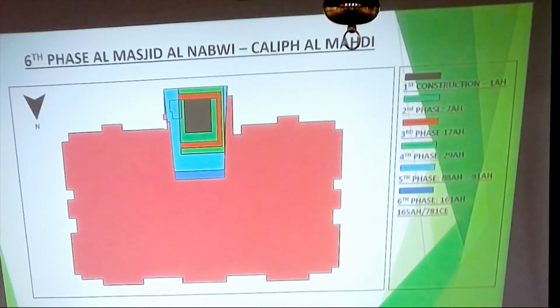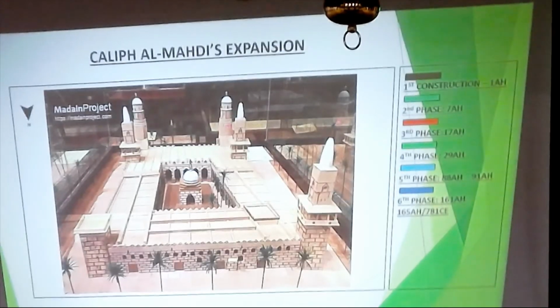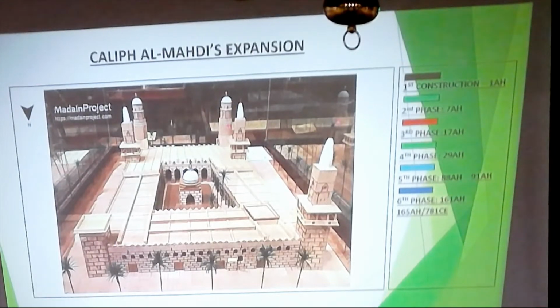So in this time it was additionally extended further north, more away from the Qibla, a little bit more, and then additional courtyard, etc. was added as well, and 8 additional doors were also added. And this is a picture of that extension which took place during Khalif al-Mahdi's time.